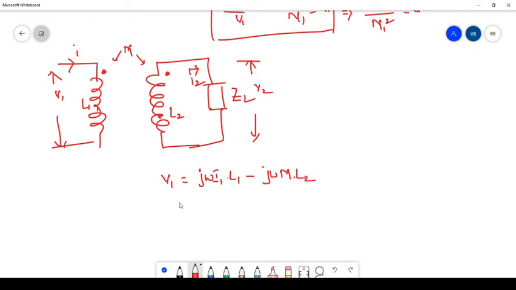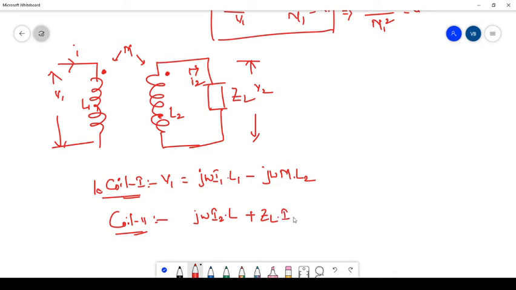So that is the equation in coil 1. Now let us write the equation in coil 2. Here there is no source voltage, so all together equals 0. First, the self inductance term in L2, that is j omega I2 into L2. Next, the voltage in the load, that is ZL into I2.